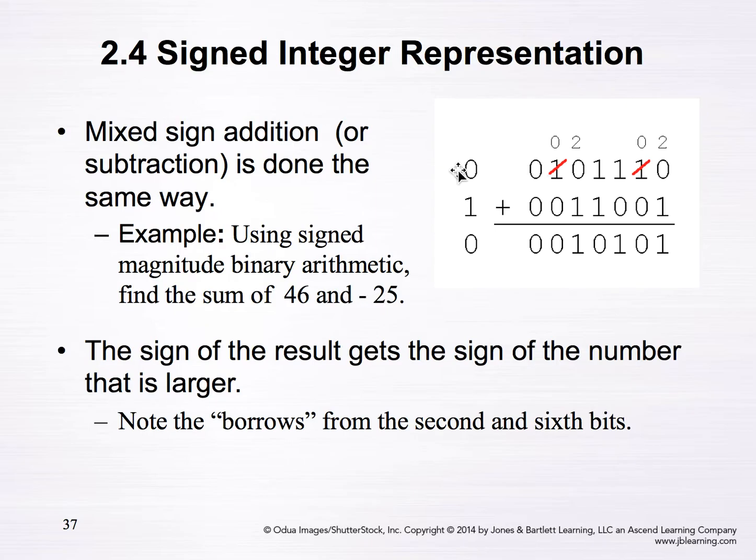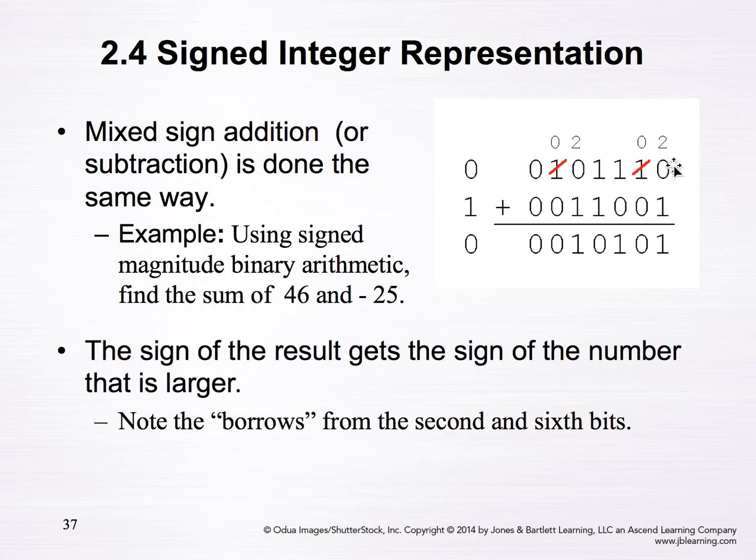The first number has sign equal to 0, that's the positive sign for 46, and this is the binary representation of 46. And the second number is 25, and the 1 right here represents the negative sign of 25. So in order to compute the sum of these two numbers, we do the same way as we perform it using paper and pencil.